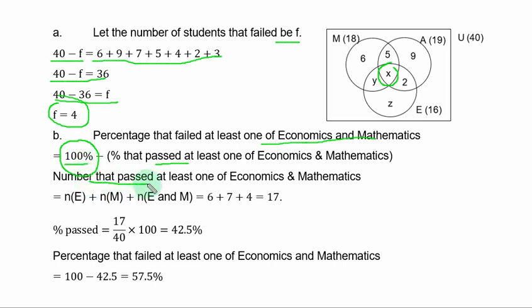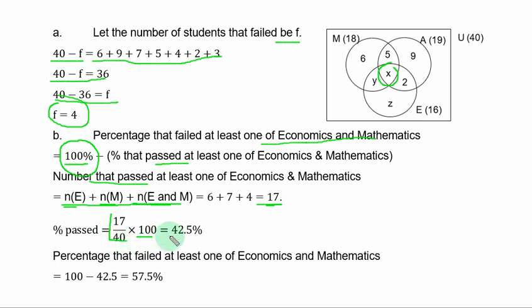The number that passed at least one of economics and mathematics can be obtained using this formula. You have only economics plus only mathematics plus the intersection of both, and that is 17. If you express it in percentage, you have 17 over the total students in the class, 40, times 100%.